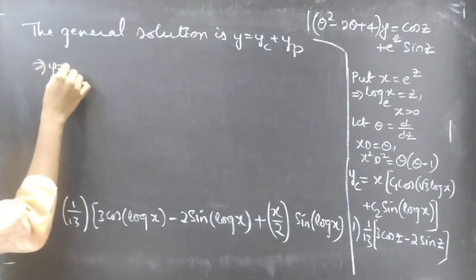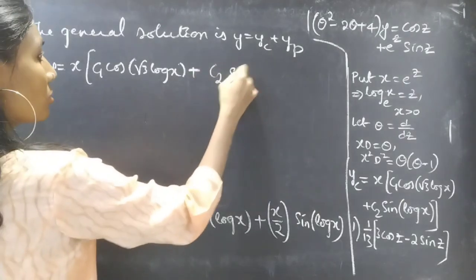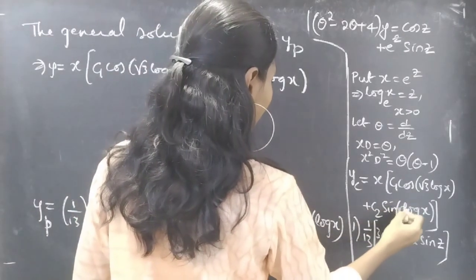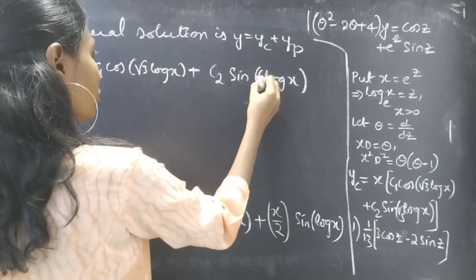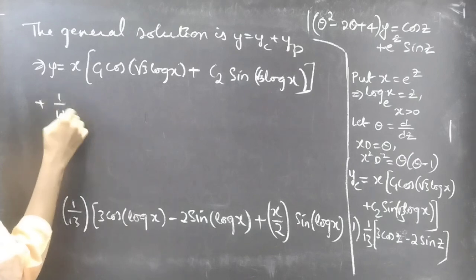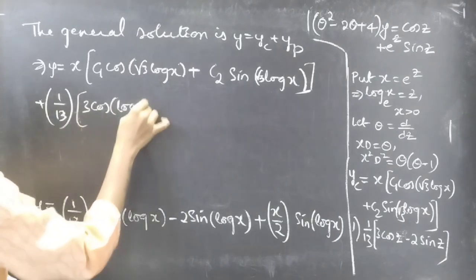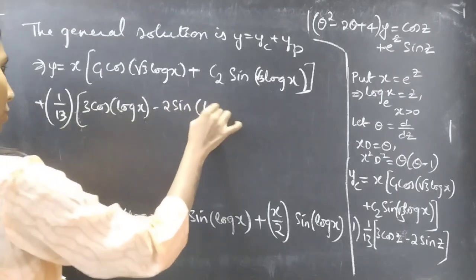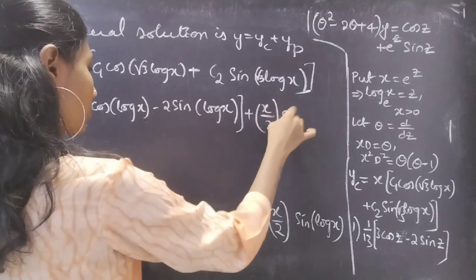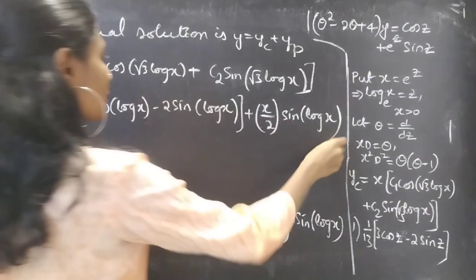Then y equals yc, we have x times c1 cos of root 3 log x plus c2 sine of root 3 log x, plus yp, 1 by 13 into 3 cos of log x minus 2 sine of log x, plus x by 2 into sine of log x. So this completes the problem.